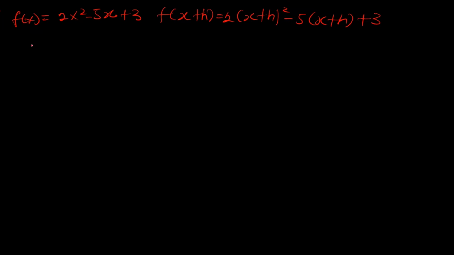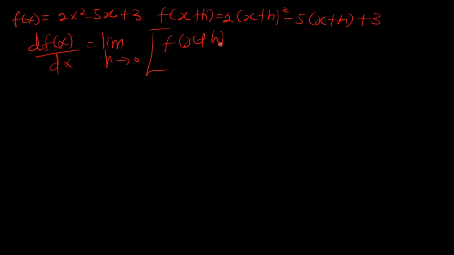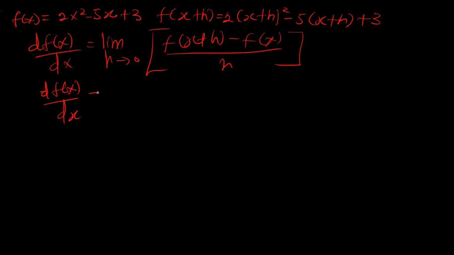So we have our formula here: the limit as h approaches 0 of f of x plus h minus f of x, all over h. Let's start doing our substitution. So f prime of x equals the limit as h approaches 0 of, this is our f of x plus h, the whole of this expression.